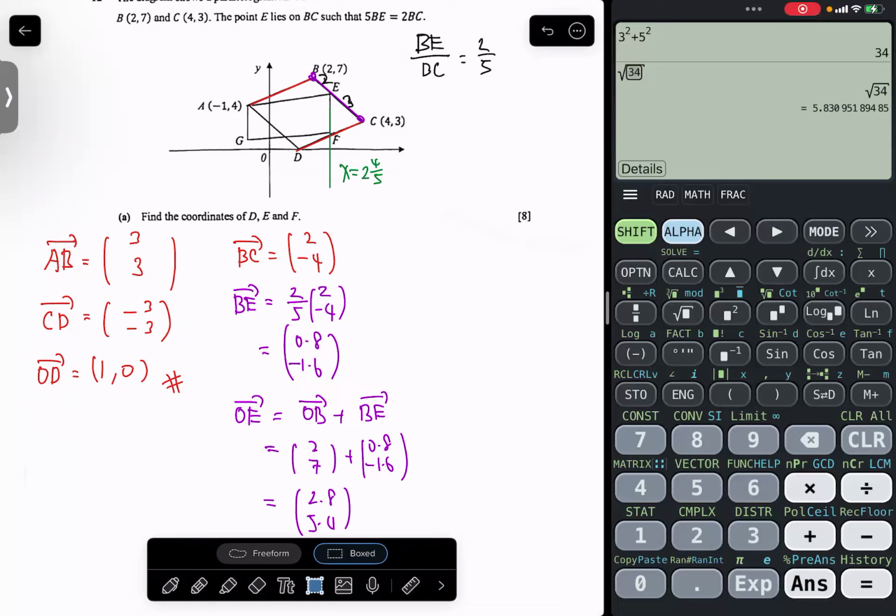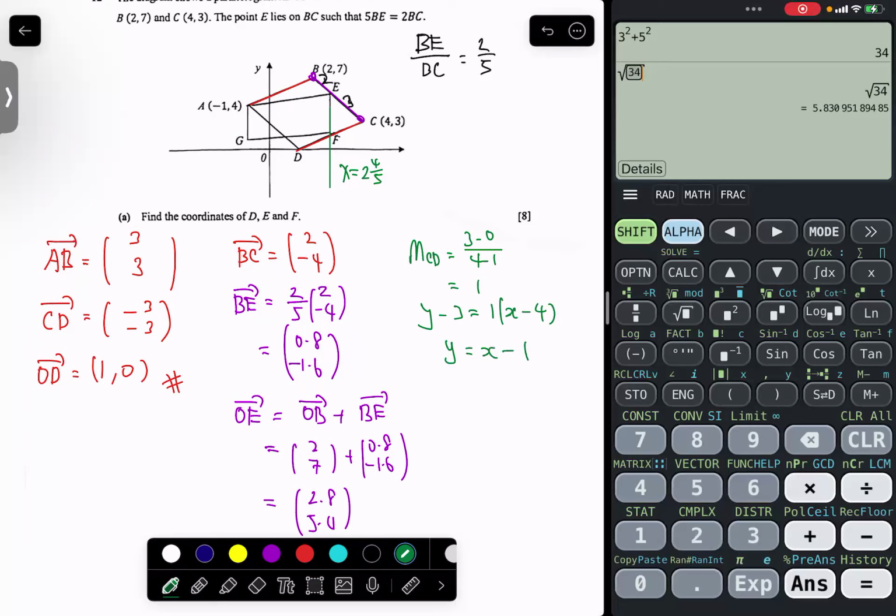At this point, because I know the coordinates of D, I can find the equation. So gradient of CD equals 3 minus 0 over 4 minus 1, which equals 1. So y minus 3 equals 1 times (x minus 4). So y equals x minus 1.